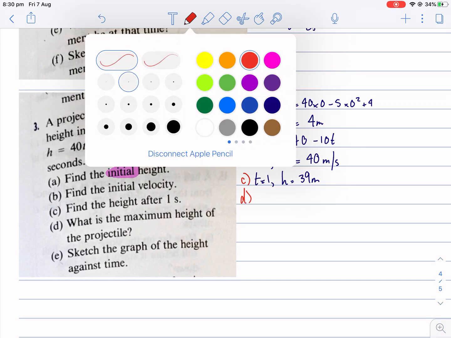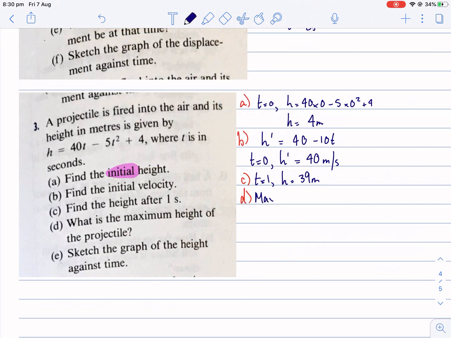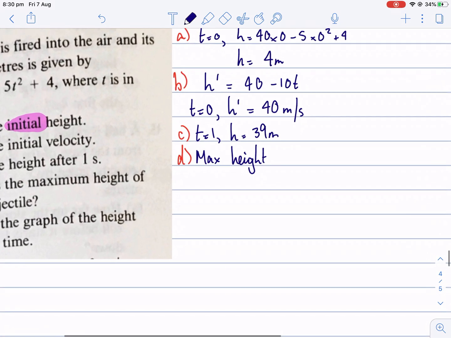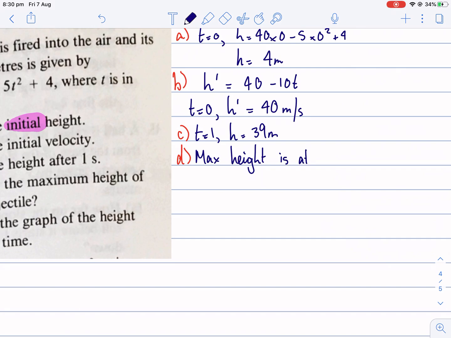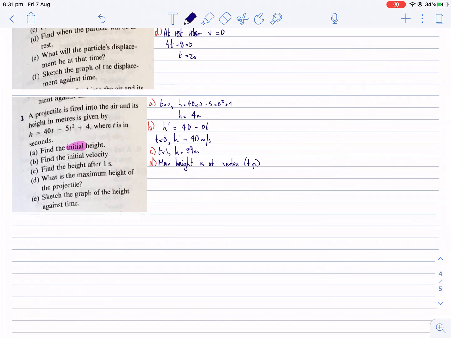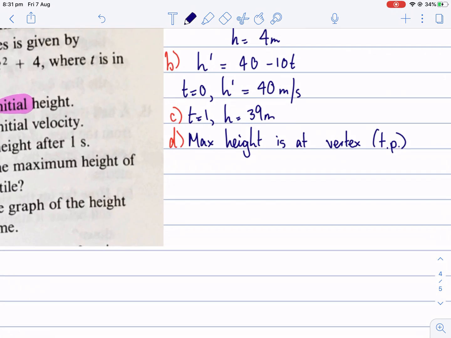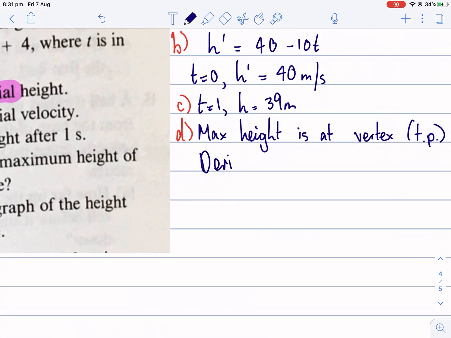D. The maximum height. Now the maximum height is always at the vertex, also known as the turning point. If we sketch any of these, the vertex is always when the derivative equals 0. If it's going up and turning back down, this point is when velocity equals 0.